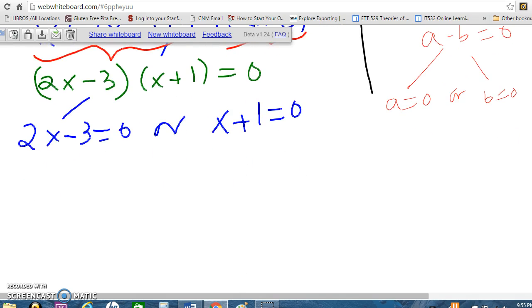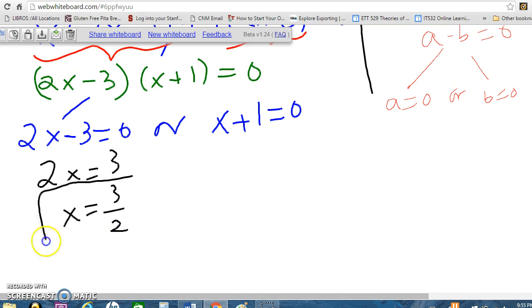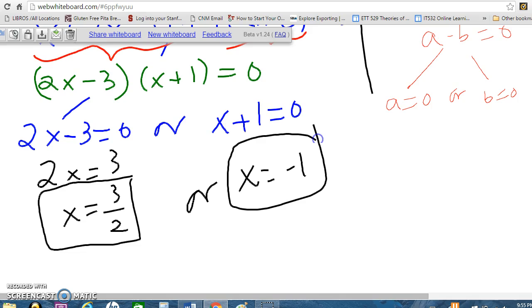Therefore, we have that 2x is equal to 3, x is equal to 3/2, or x is equal to -1. So that's solving a quadratic equation by factoring.